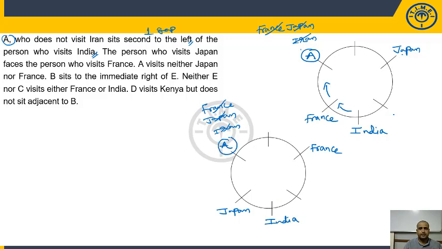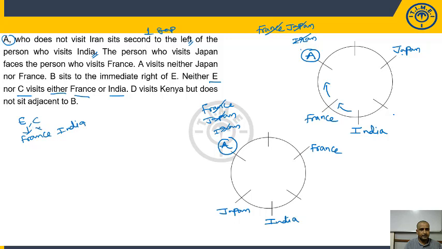Okay, let's move further. B sits to the immediate right of E. Neither E nor C visits either France or India. It means E and C are not visiting France and not visiting India.